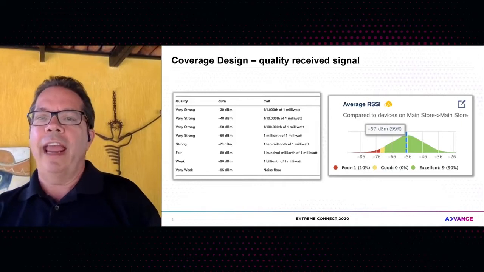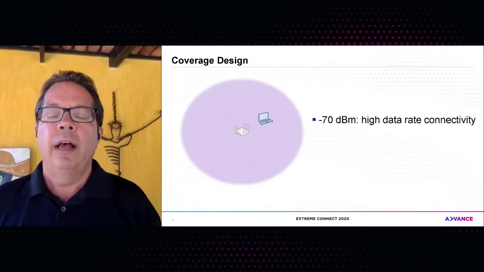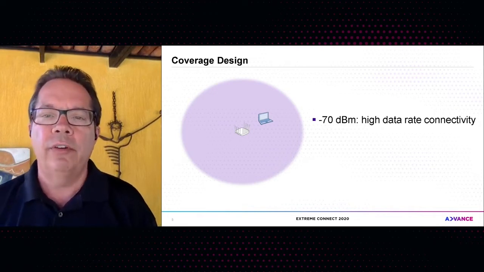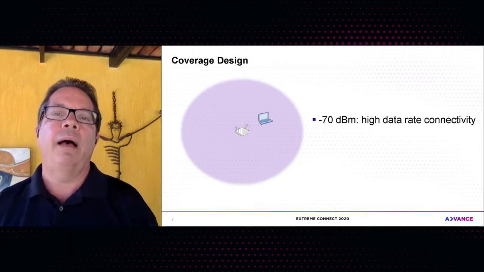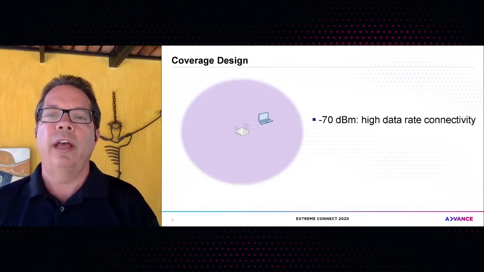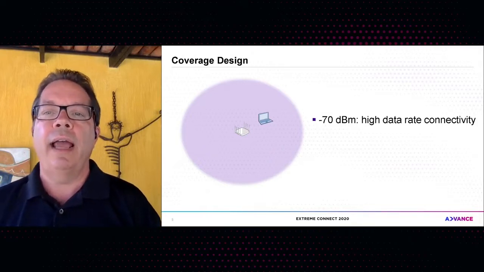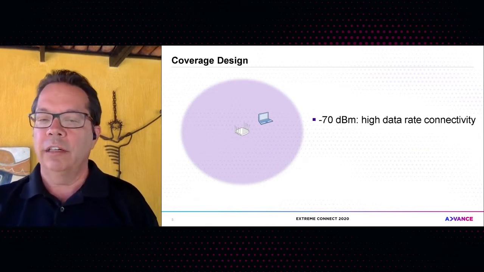You're not designing for the AP's perspective. And from a client's perspective, you want to pretty much guarantee a received signal of negative 70 dBm or better. That's kind of a common denominator. If you can design for negative 70 dBm or better, you're pretty much going to guarantee the high data rates that are available for any particular client.